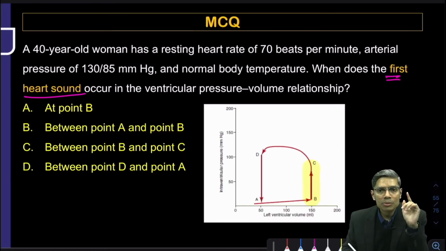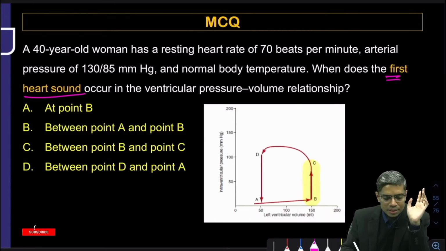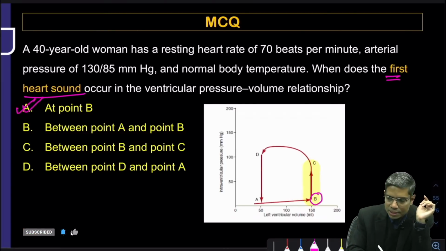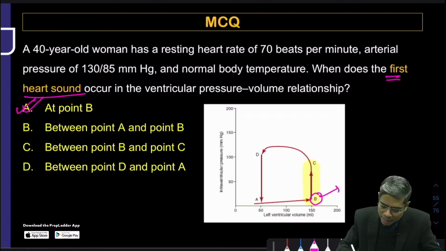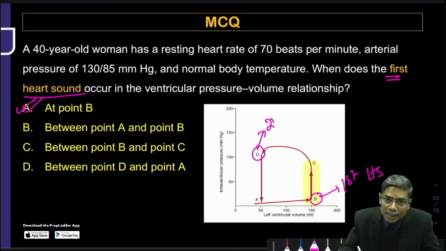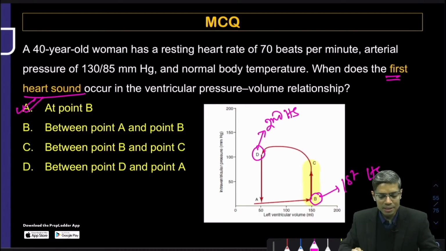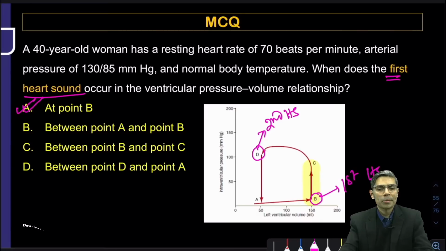That will give you the first heart sound. So, point number B is the answer here. Option A is the answer, point number B is the first heart sound. So, I am writing here, this is the first heart sound and this D is the second heart sound. Okay?